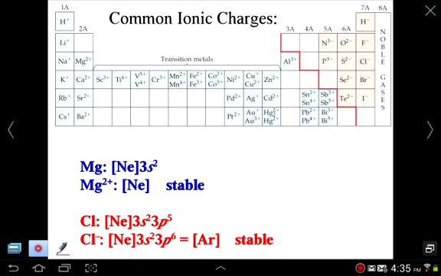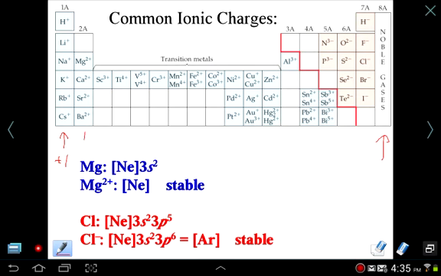Now, a good amount of this should be familiar to you from Chemistry 1, most notably the fact that the s group metal ions, essentially the alkali metals group, this first group, all form a +1 charge. And essentially the reason for that is because they will lose one electron in their highest shell to become like the noble gases.